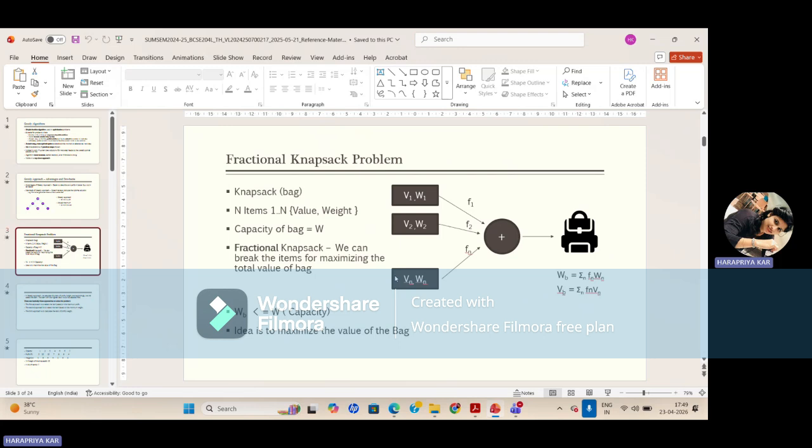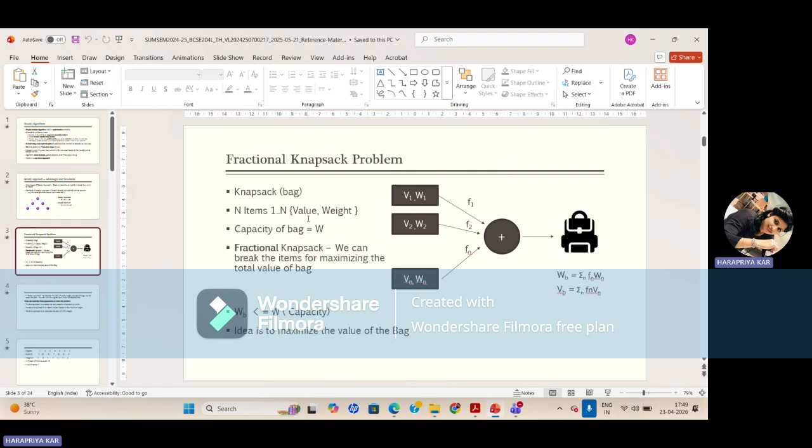Okay, that means whenever you are filling the bag, there is a value and a weight. What is the weight and what is the value? The next one is very important. The capacity of the bag is denoted by W, the weight. What is the capacity? How much we are able to keep inside the particular bag.